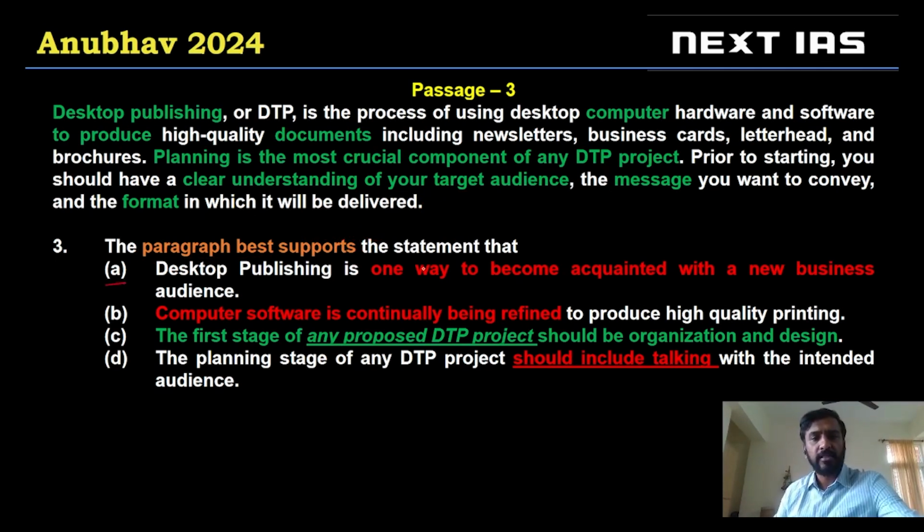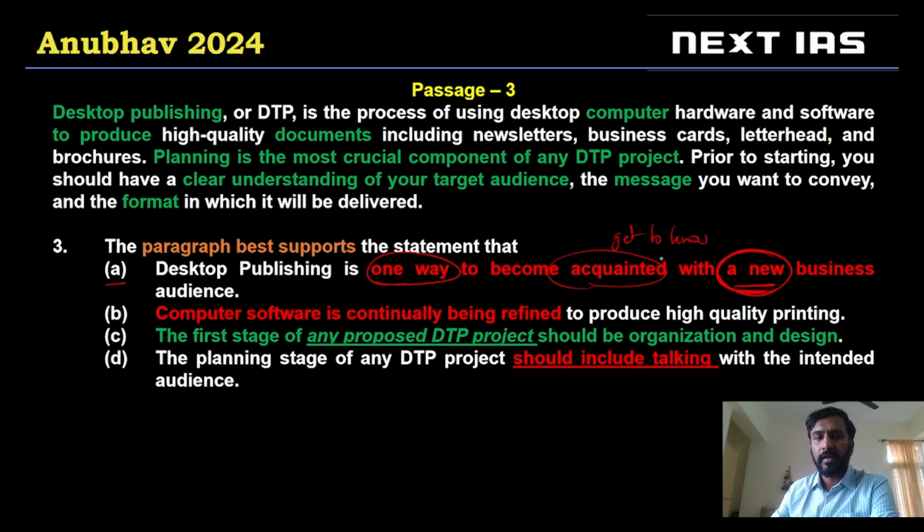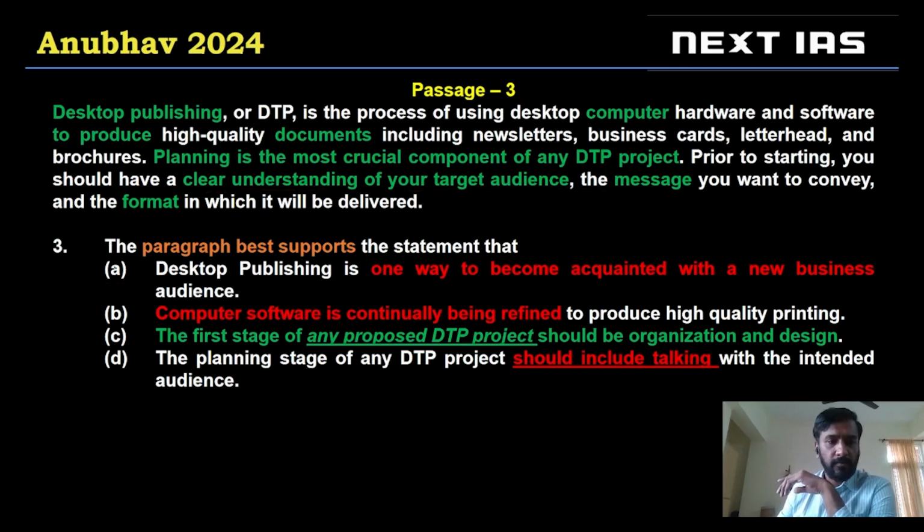Option A says desktop publishing is one way to become acquainted, to get to know, a new business, right? So this does not make sense. The author is talking about getting a clear understanding of your target audience. This does not mean a new business. So we don't find evidence for this. Option A is invalid. It's an invalid inference or invalid conclusion based on the passage.